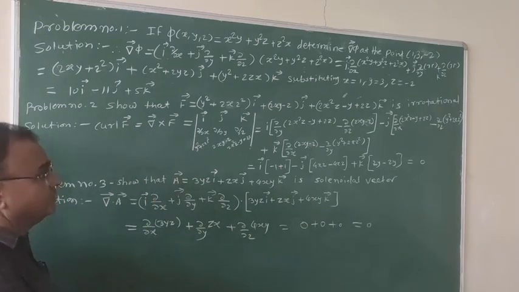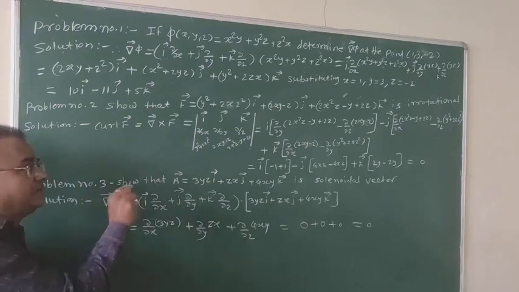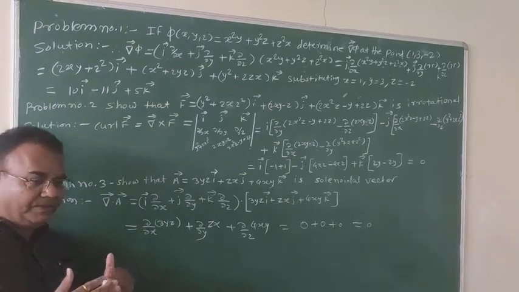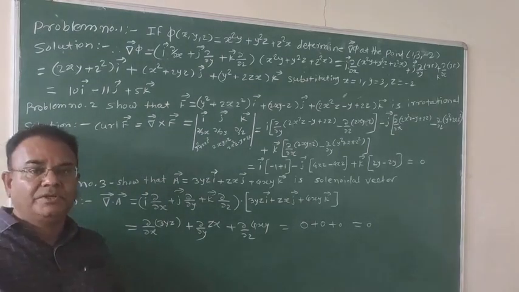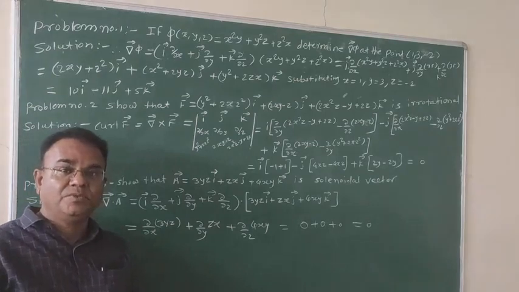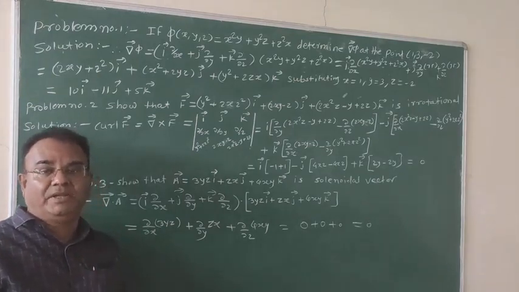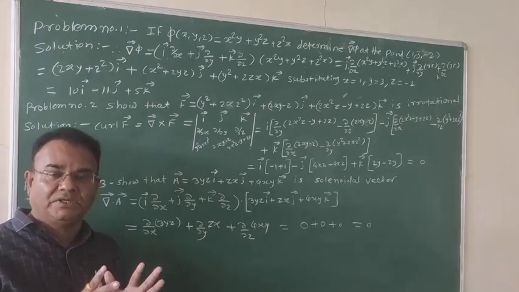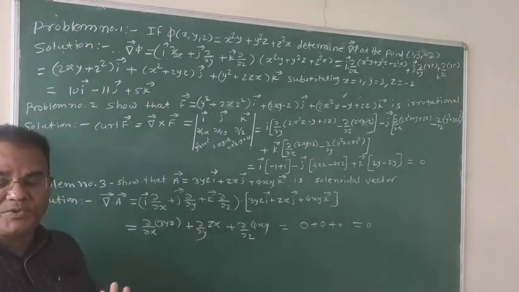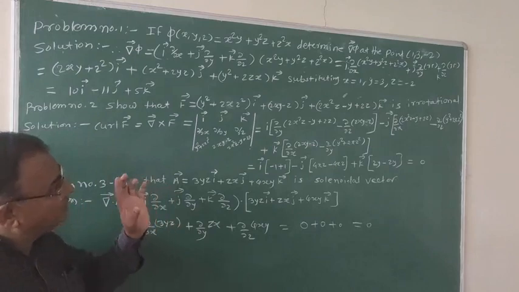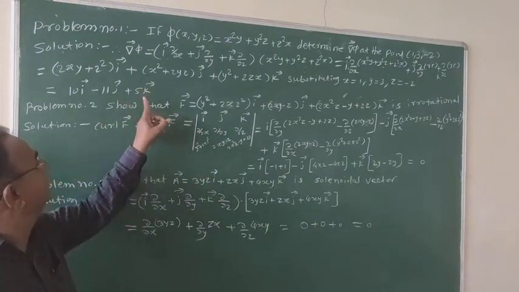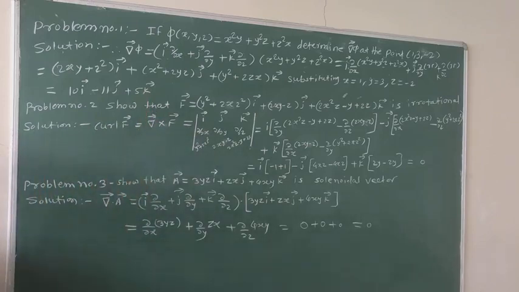In this case, z is the variable, x and y are constant. To take partial differentiation, we must consider which one is the variable and which are the constants. That must be considered, otherwise there is confusion. By concentrating on that variable term, we can obtain the partial differentiation.